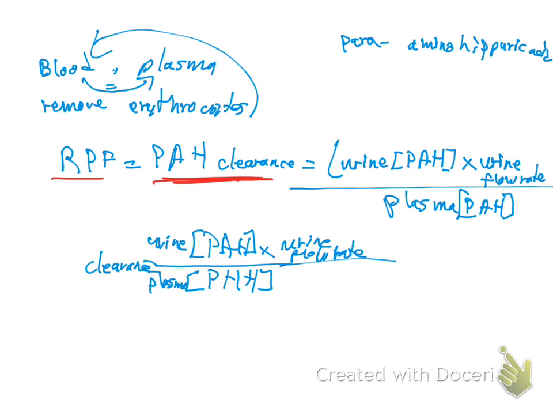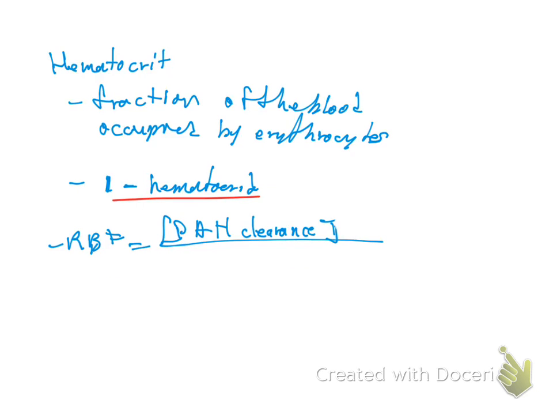So once we have these results, we want to calculate the renal blood flow without being invasive to the patient. You take your PAH clearance and divide it by 1 minus your hematocrit, and all this process gives you the renal blood flow.